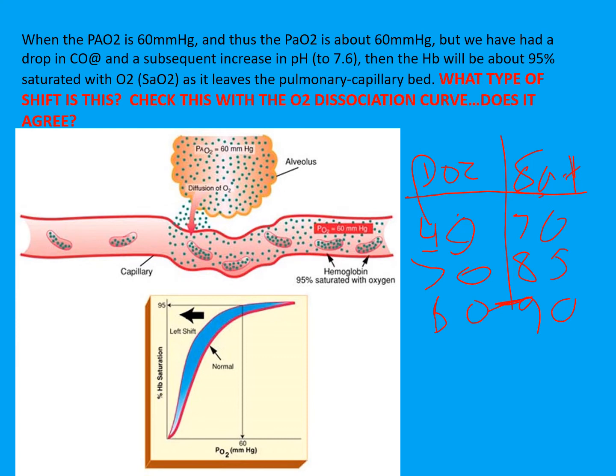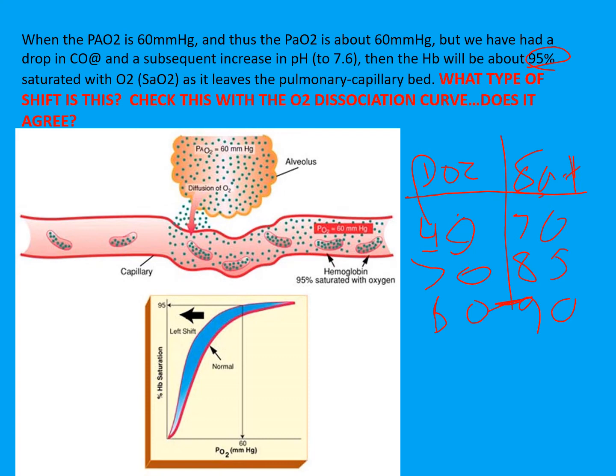So here we have a normal relationship. PO2 in the 60s, sats in the 90s. But notice that we're sitting pretty high in the 90s. We're in the 95% range for a PO2 that's barely 60. So that means that we have a higher saturation for a lower pressure.